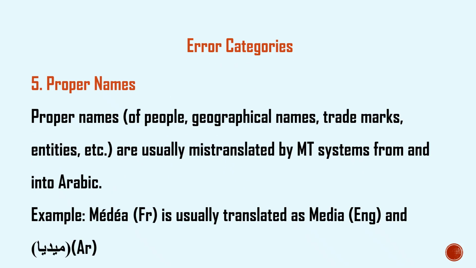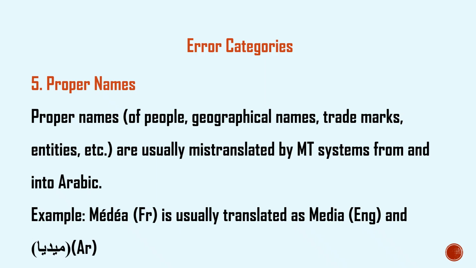The fifth category of failures in neural machine translation systems and machine translation systems in general has to do with proper names. These are names of people, geographical names, trademarks, and names of entities, etc., which are usually mistranslated by machine translation systems from and into Arabic.